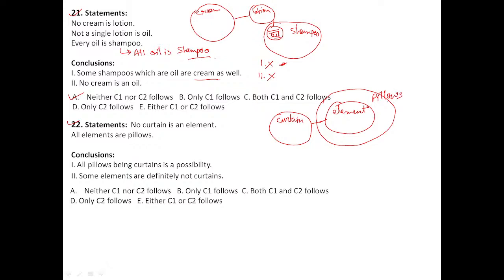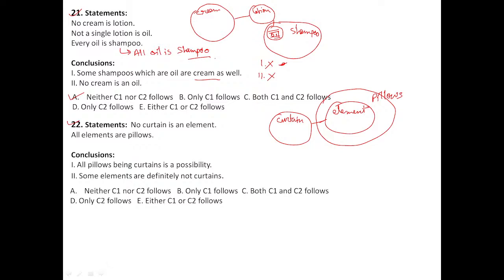So all pillows being curtain is a possibility. See, all pillows being curtain is a possibility. It is surely wrong. Why? Because all elements are within pillows. This element part is strictly no with curtain. There is not even a single common region between this curtain and element part.